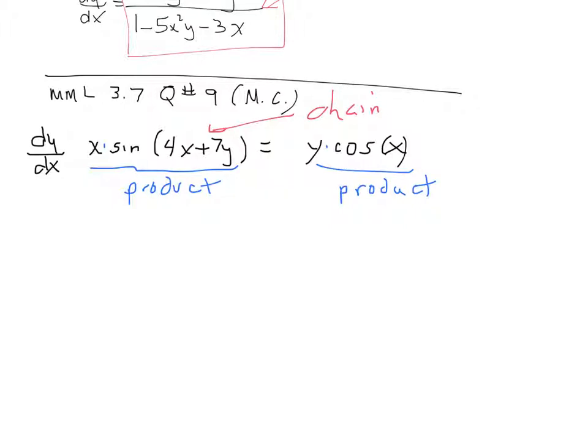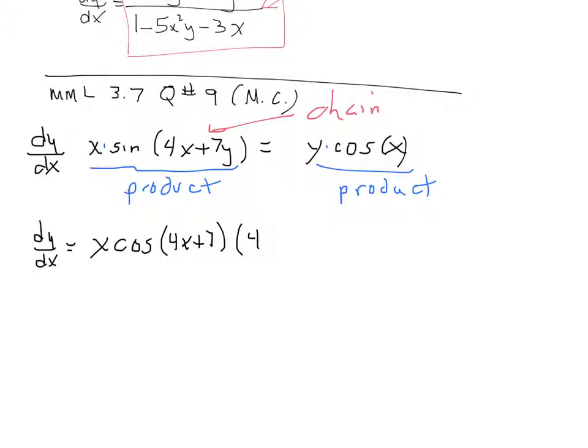So, whatever order you go in, dy/dx, I'm going to leave the x alone, so I'm doing this first product. I'm going to take the derivative of the outside of the sine, which is cosine, leave the inside alone, times the derivative of the inside. So the derivative of the inside, 4x, would just be 4.